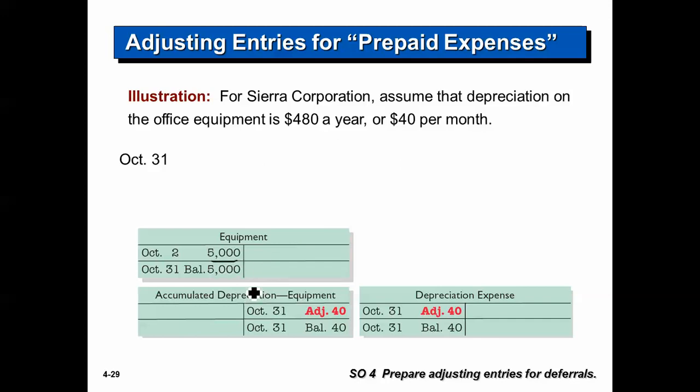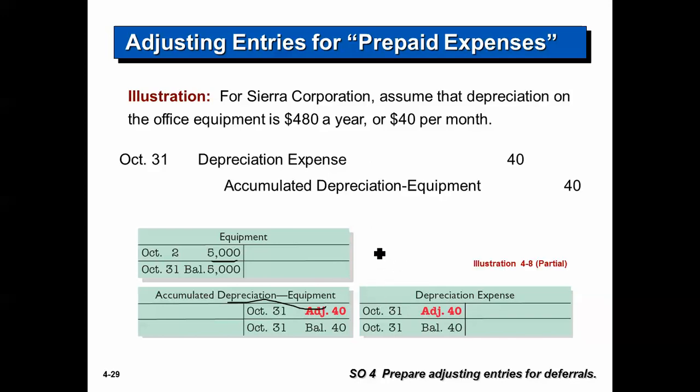But here you see we've used up 1 month of it. But we don't reduce the asset here. What we do is we set up a contra asset account called accumulated depreciation equipment and give it a balance opposite this balance. And the journal entry then will be depreciation expense 40, accumulated depreciation equipment 40.